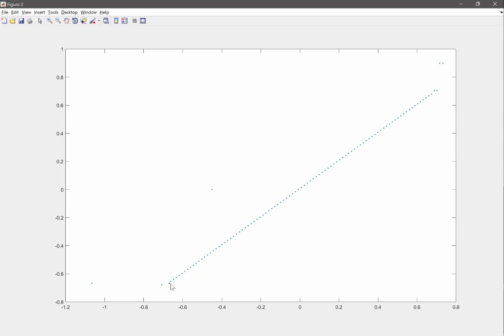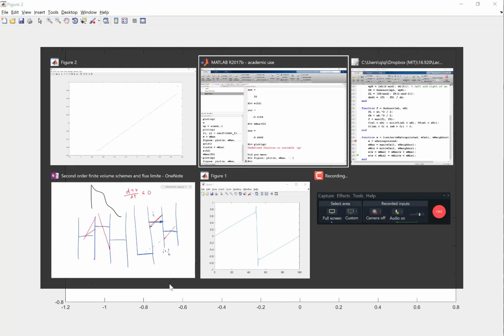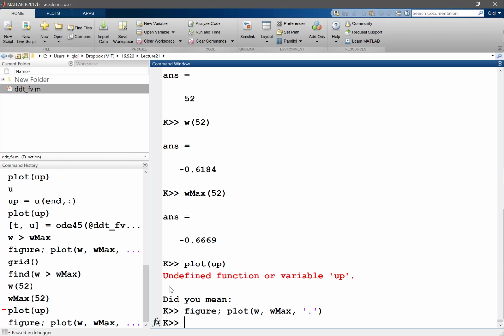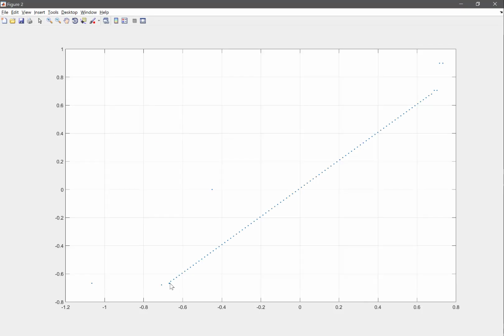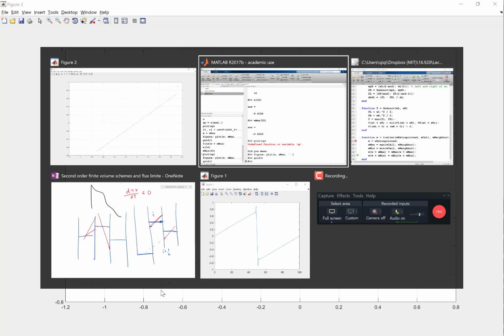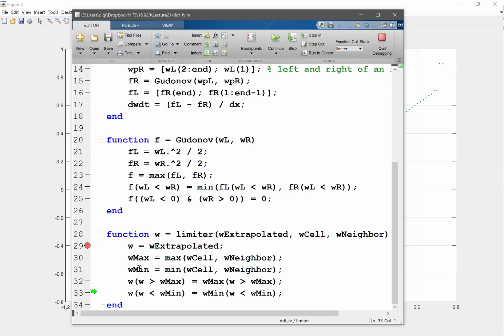The value is actually truncated. If you compare to the previous plot, the value is no longer there. And W less than W min is equal to this.